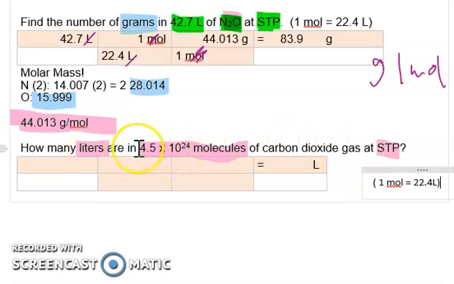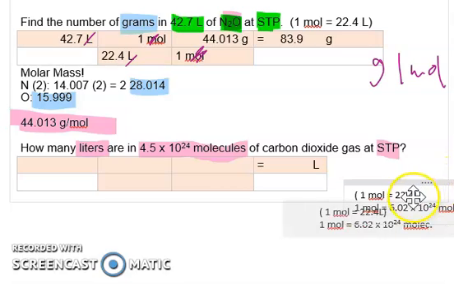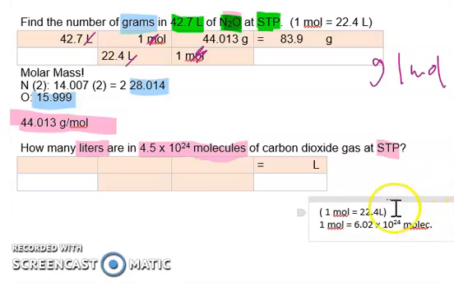And I have these molecule numbers here, and I remember that 1 mole is also equal to 6.02 times 10 to the 24 molecules. Oh, did I put 24? I meant 23. Sorry, guys.